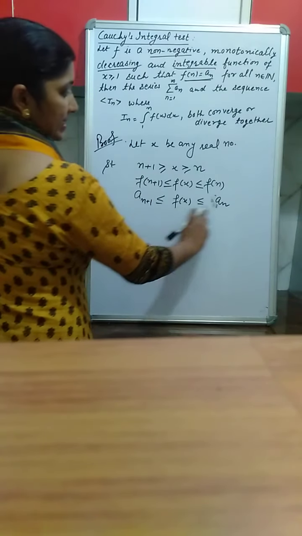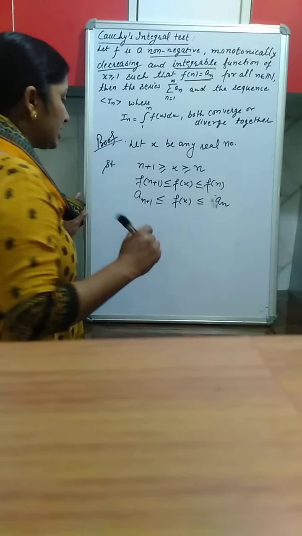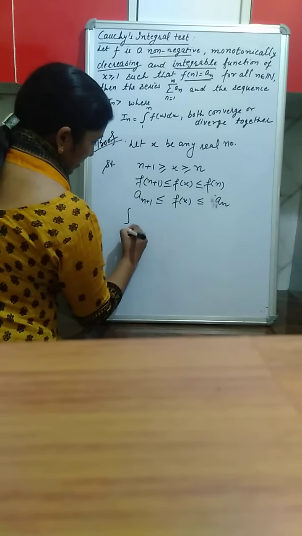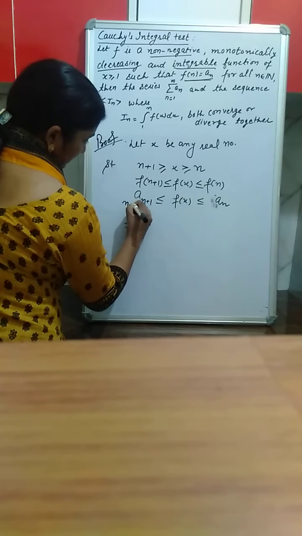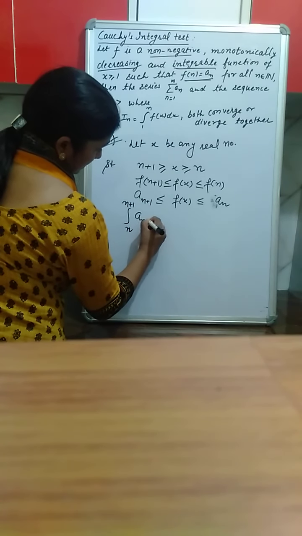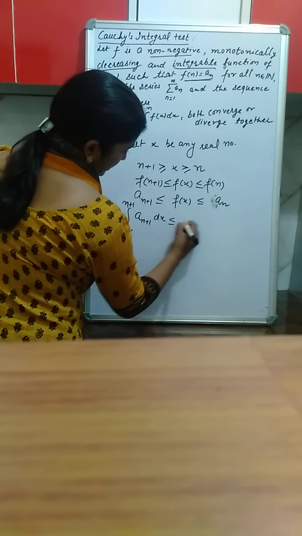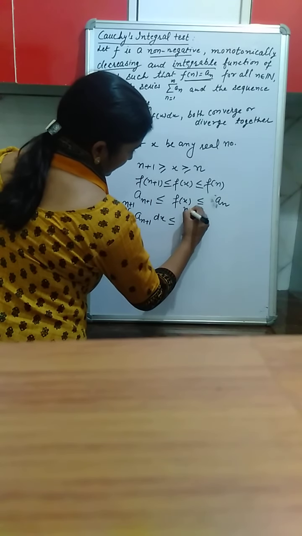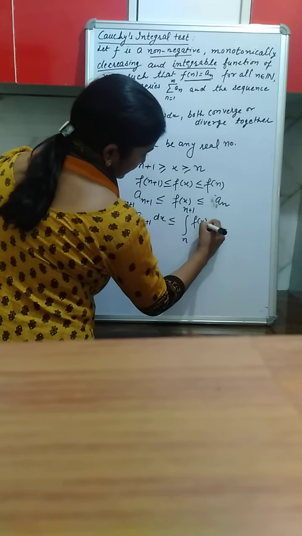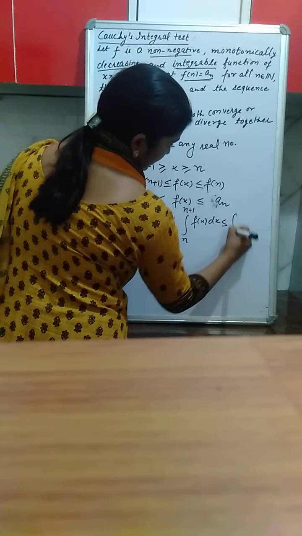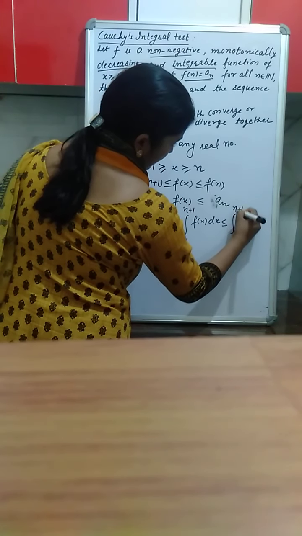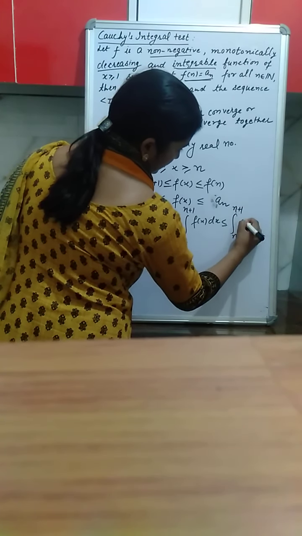Now we integrate within the limits n to n plus 1: the integral of a_(n+1) dx is less than or equal to the integral of f(x) dx, which is less than or equal to the integral of a_n dx.